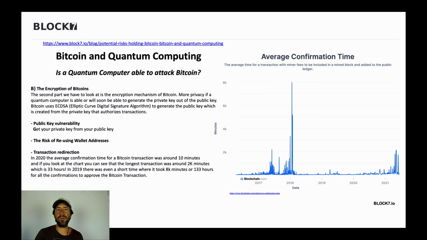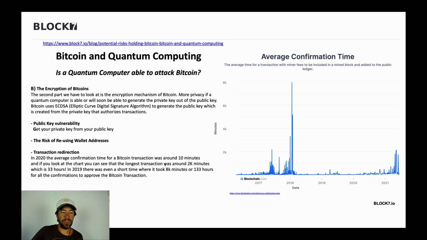This would just be possible if the Bitcoin transaction would take longer than 8 hours. So theoretically, a quantum computer would be able to calculate your private key out of your public key during 8 hours. The average transaction time here, I think it was 2020, was around 10 minutes.